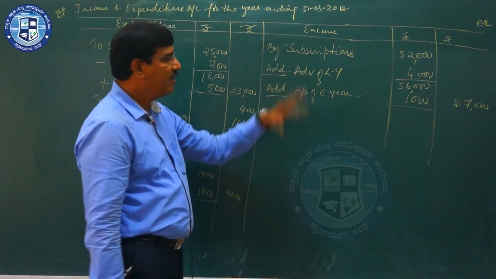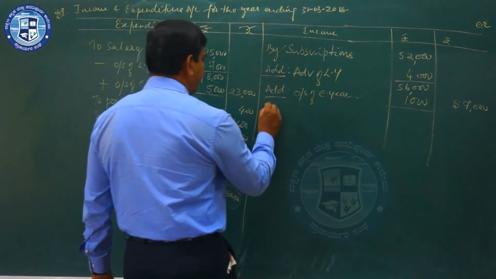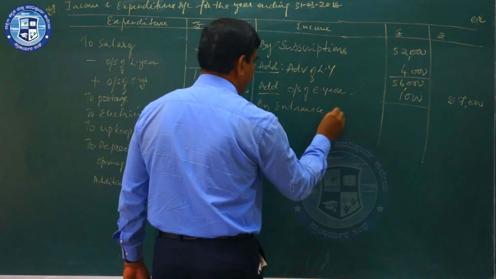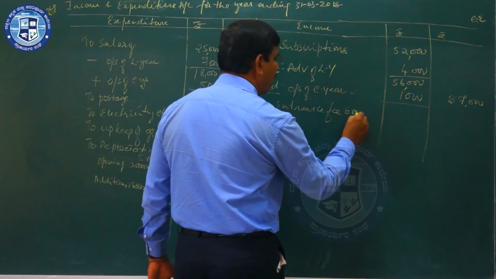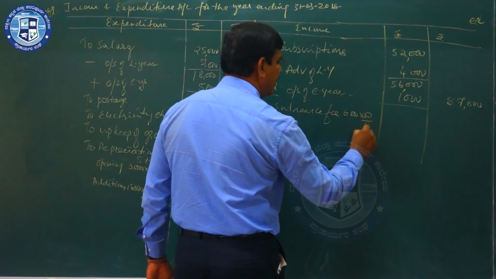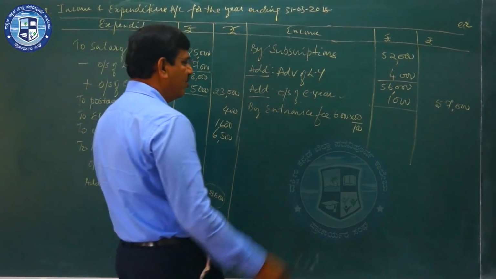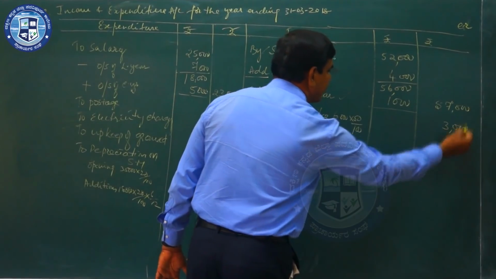Now let's look at other incomes. Entrance fees are given. Total of entrance fees is 6,000, out of which 50% is revenue, and 50% has to be added to the capital fund. So take 50%, it will be 3,000 rupees.